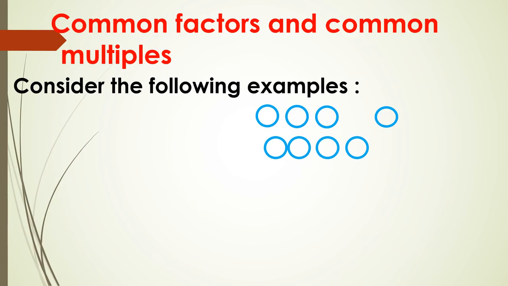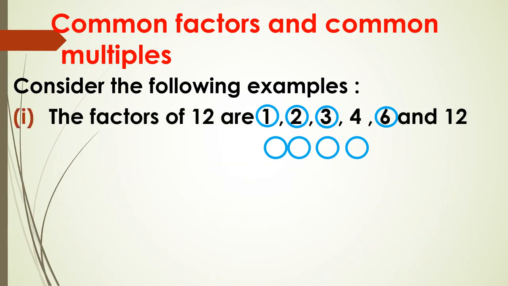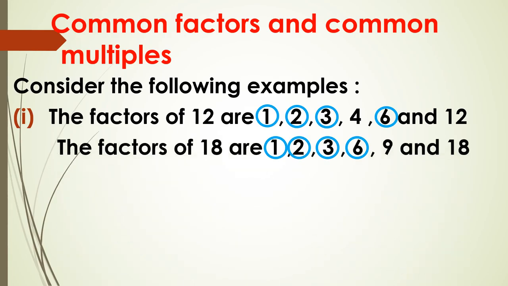See one example. Here in this example, we are finding the common factors of 12 and 18. Factors of 12 are 1, 2, 3, 4, 6 and 12. Factors of 18 are 1, 2, 3, 6, 9 and 18.